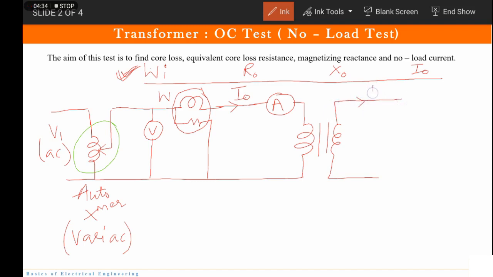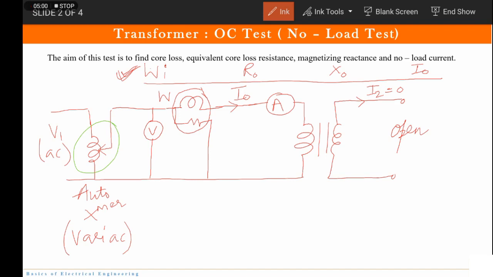After this, we know that this is open circuit test, so the output is open circuited. So this is how the diagram has to be drawn. Isn't that simple? Now you know what all has to be measured, so simply you have to incorporate those devices here.